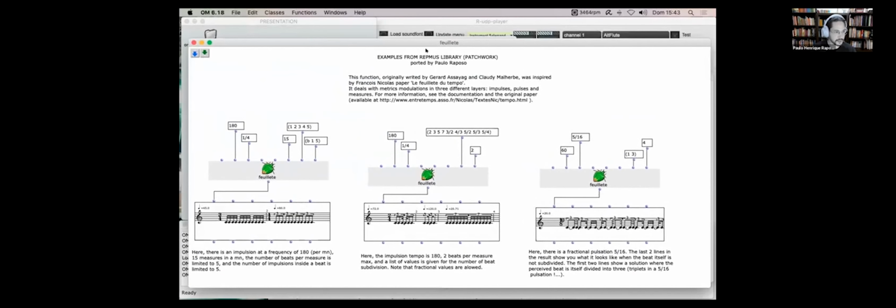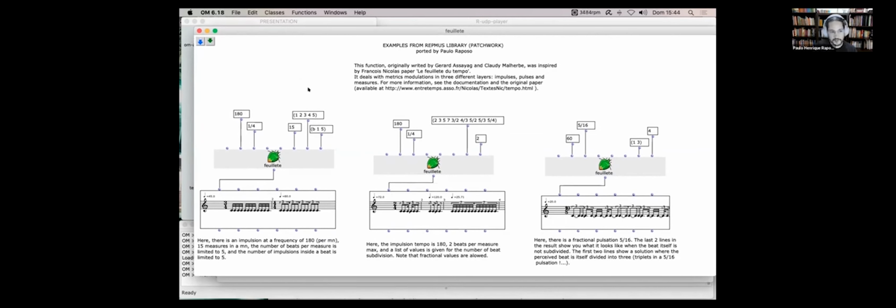There are two tutorials, one for feuillete and another one for tempo interpolation. The feuillete is the trickiest one. The tempo interpolation is easier to use. This tutorial I have just copied from Patchwork.